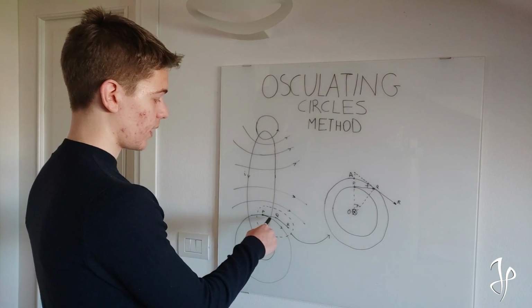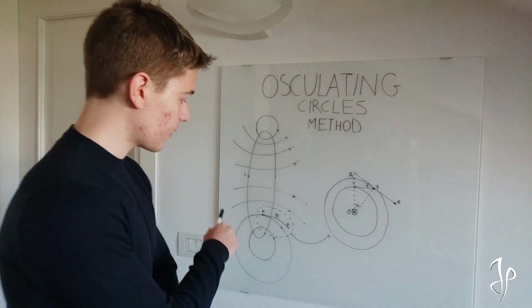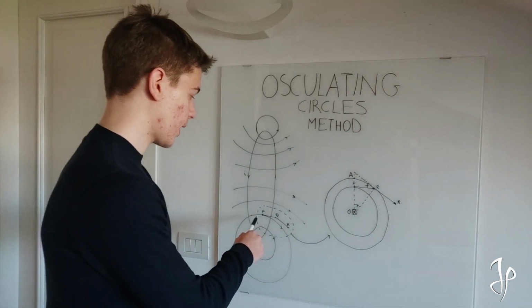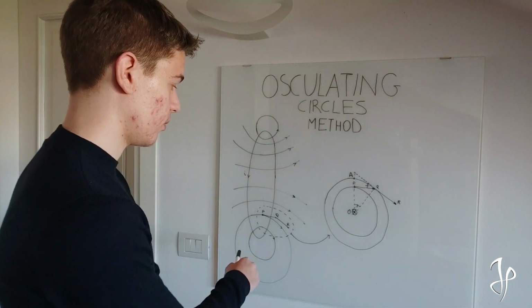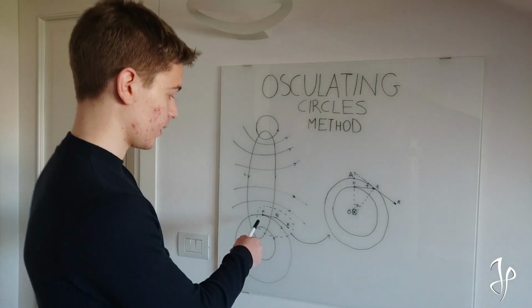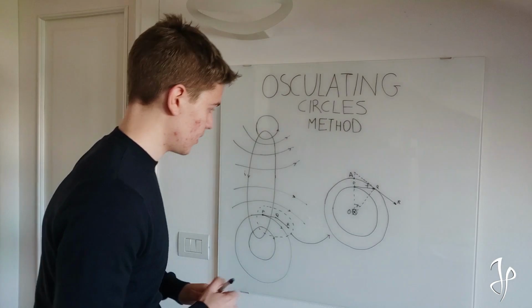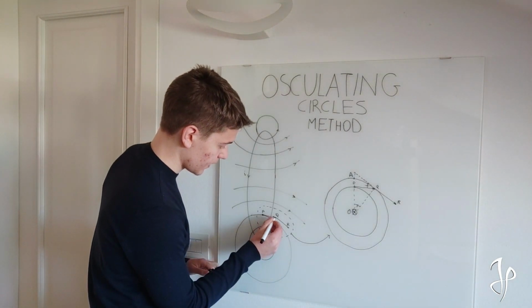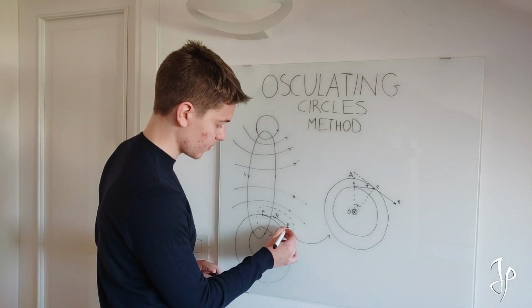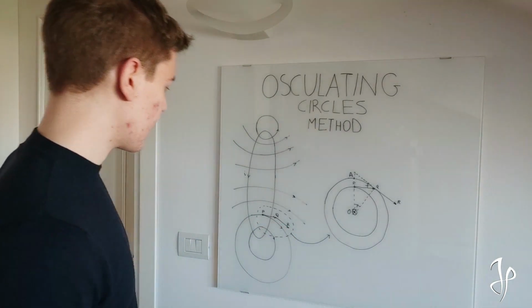Then you have Q and you have R. So you have three vertices and two edges, and you can easily associate to each of these edges a vector. So a vector that goes from P to Q, which is our first vector, and then the second one which goes from Q to R, which is the second one.